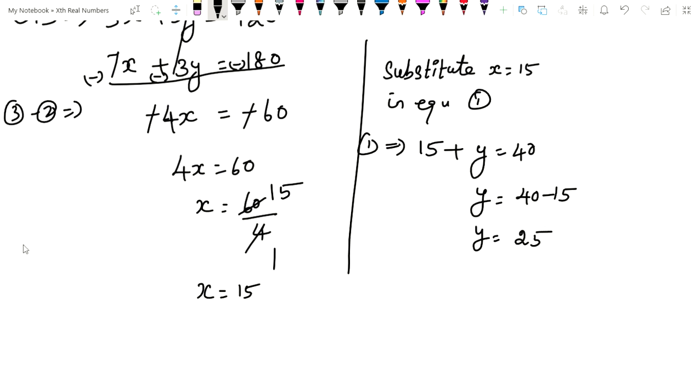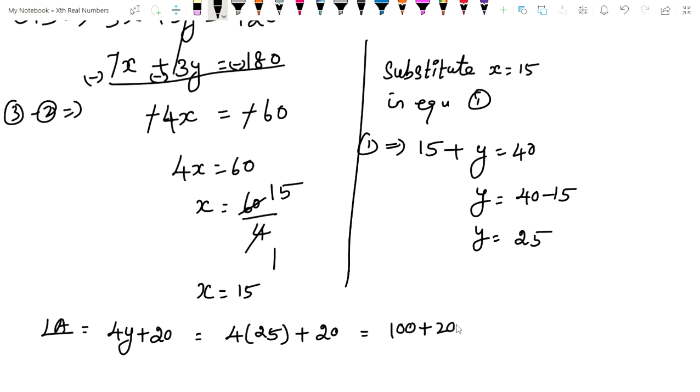Okay. So now we are going to find the angle A, B, C and D. Angle A equal to 4y plus 20. Okay. Now substitute the value of y is 25, 4 into 25 plus 20. 4 into 25, what you will get, children? 100. 100 plus 20 will get 120.